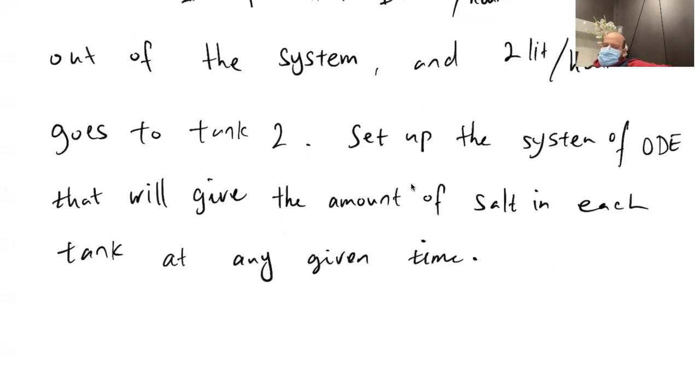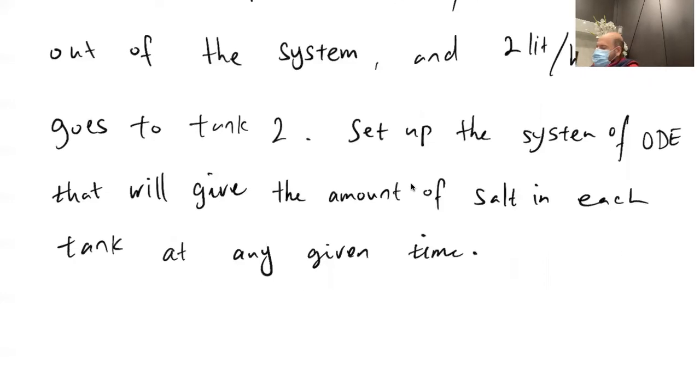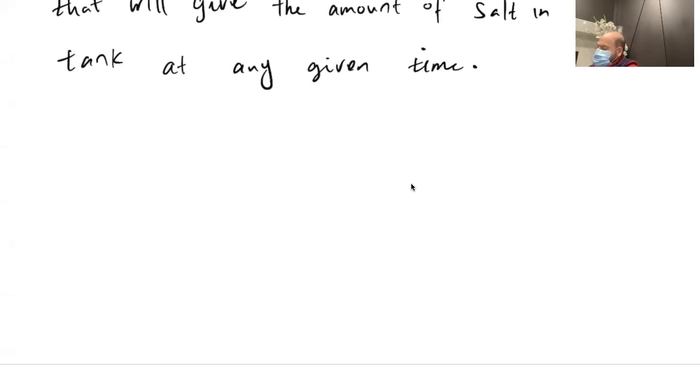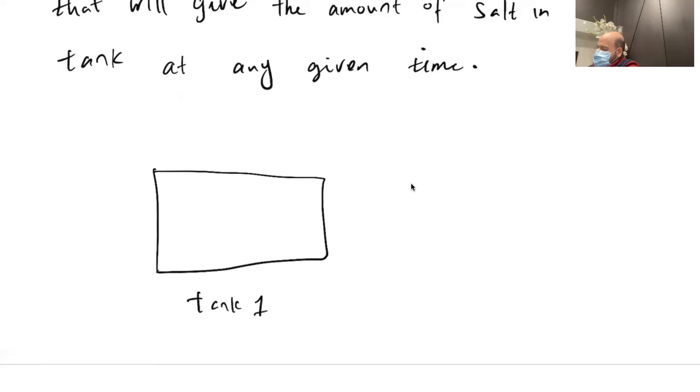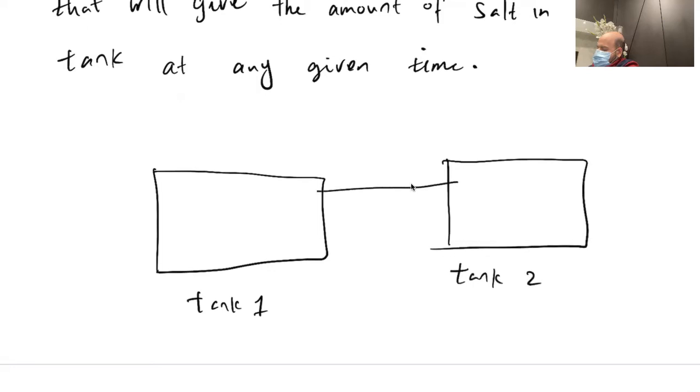So let's look at the picture. We have 2 tanks that are connected together with 2 different pipes. They're called pipe number 1 and pipe number 2. So let's say this is tank 1 and this is tank 2, connected with 2 pipes. This is pipe number 1, pipe number 2.